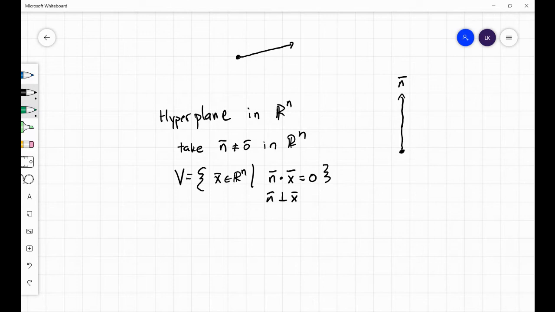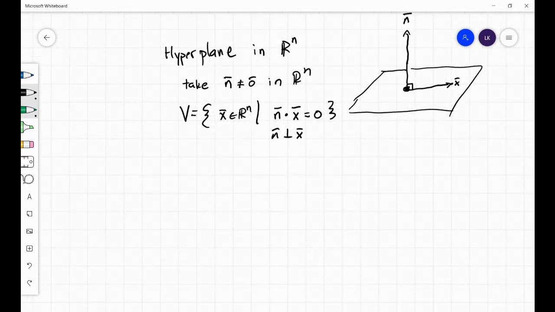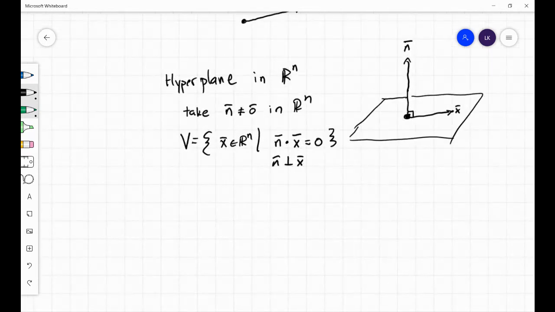You can imagine that we have all such vectors, drawing them from the origin, are perpendicular, so you get a plane. And in higher dimensions, that's a hyperplane. So you can define the distance between a point in space and this hyperplane.